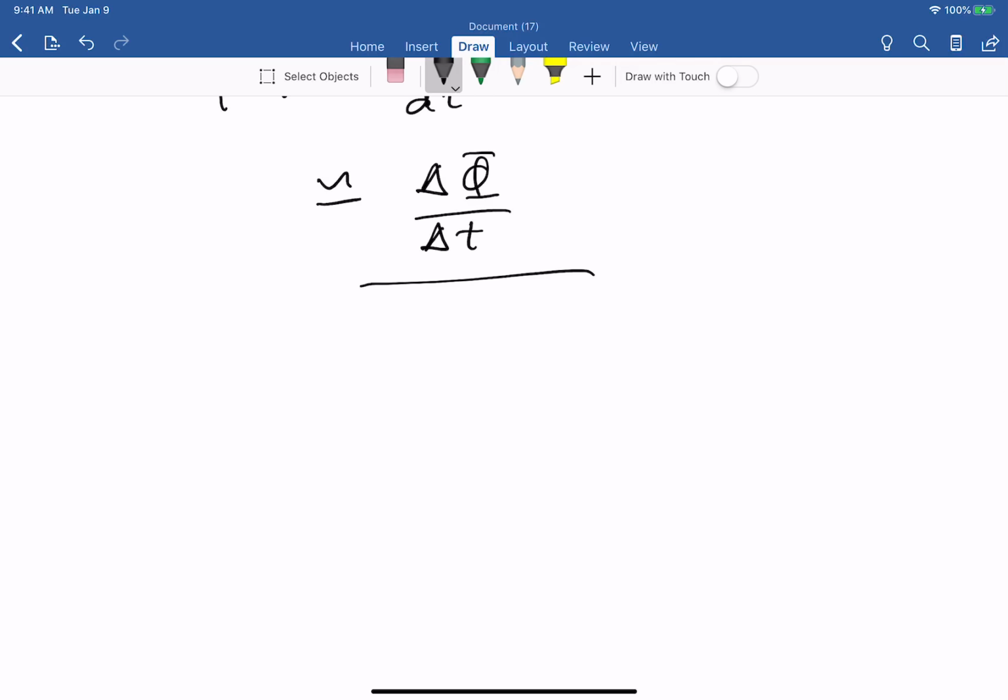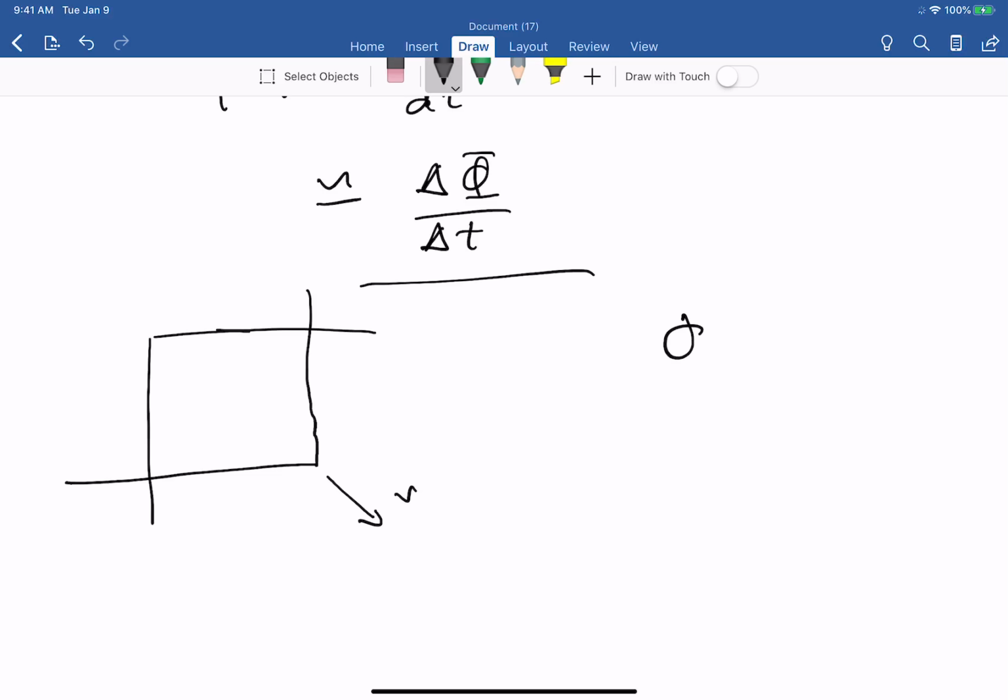So what's happening here is that we have this L-shaped object, and this is moving with a velocity v, right? Okay, so our entire goal here is to express the flux as some function of time.